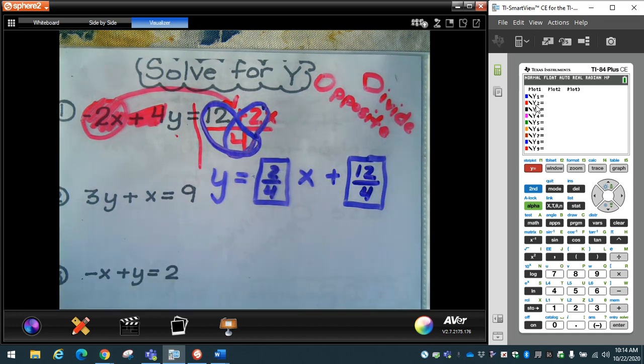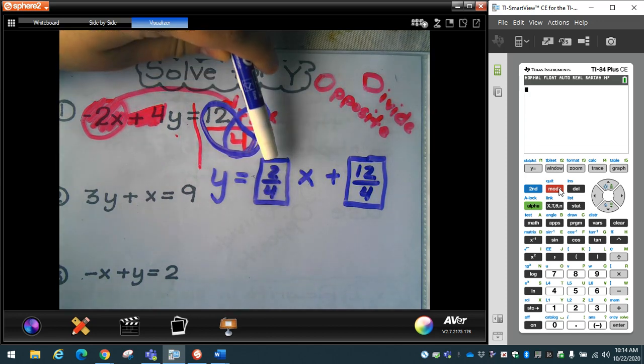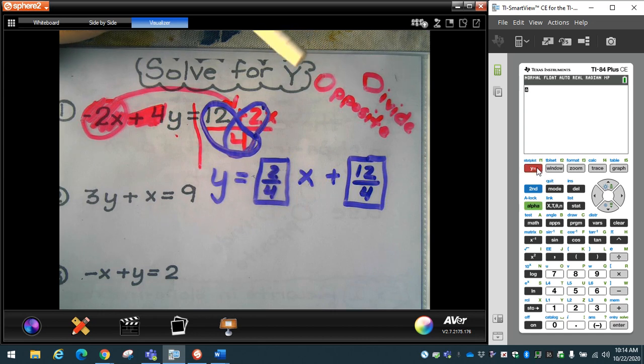Now all I need to do next is simplify my fractions. I'm going to go to the home screen, second mode. Next, I'm going to put in my first fraction, which is 2/4. So alpha y equals, enter, and then 2/4, and then enter again.